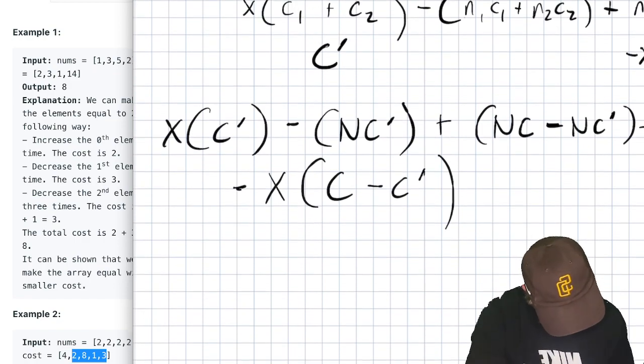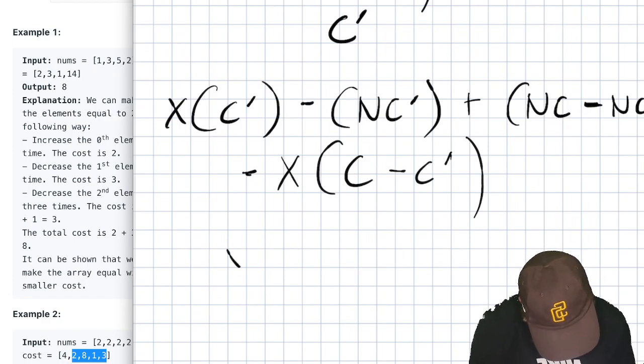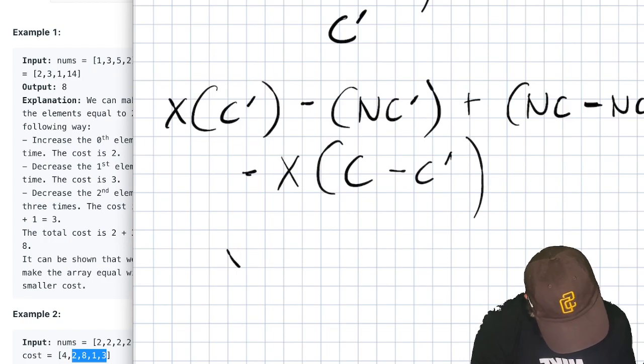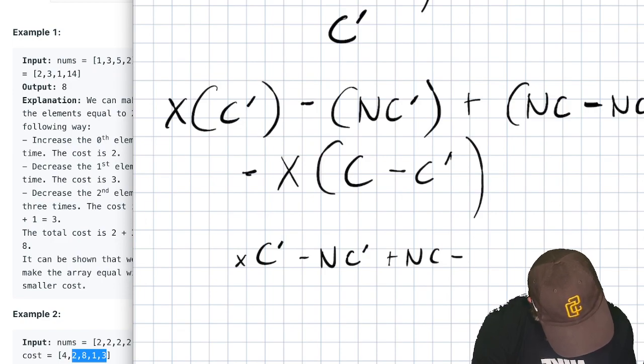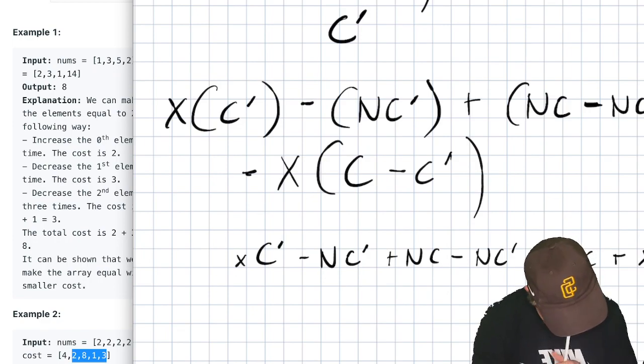So if we simplify this, it's xc prime. Let's classify that x is just a small value here. So xc prime minus nc prime plus nc minus nc prime minus xc plus xc prime.